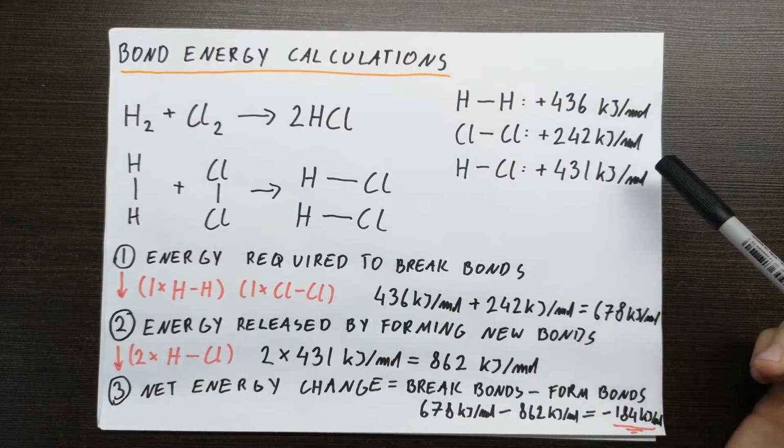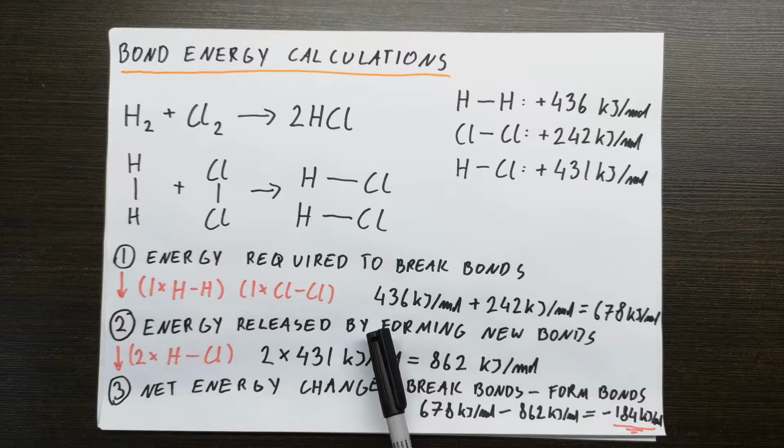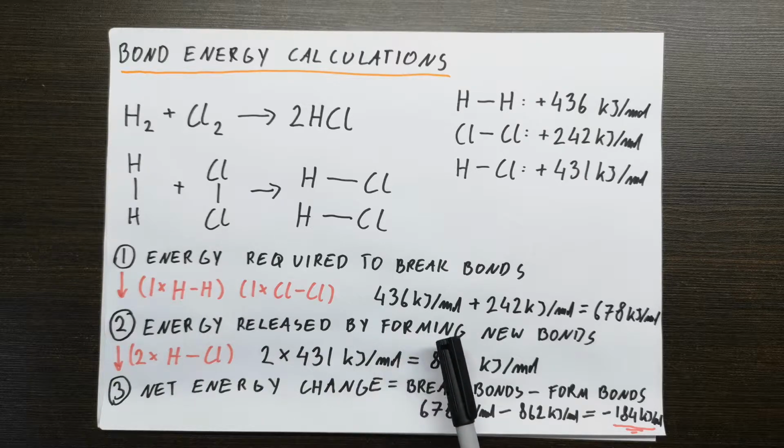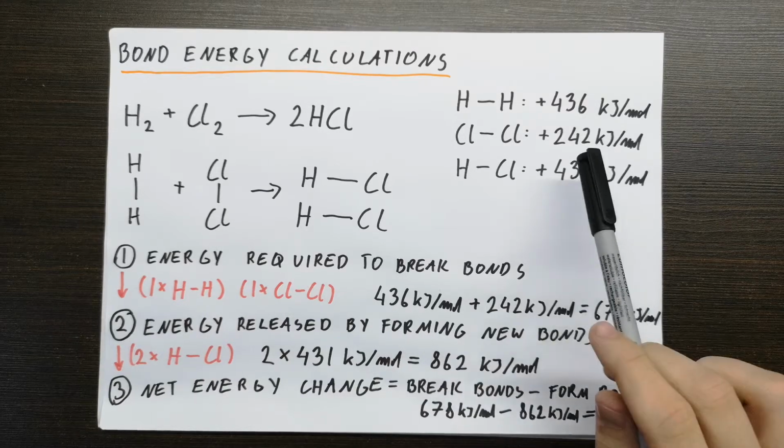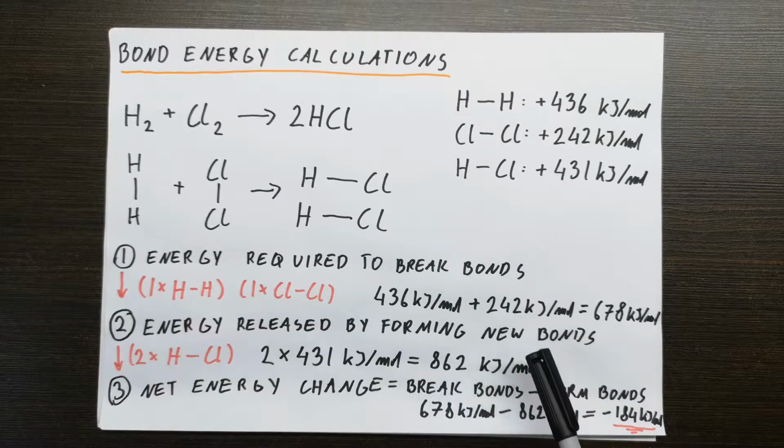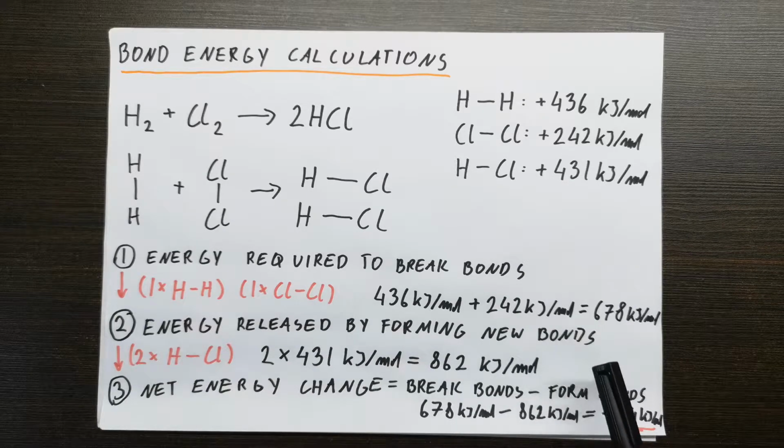And so, using these values, we are adding 436 kilojoules per mole plus 242 kilojoules per mole, which gives you 678 kilojoules per mole. So that's the energy that's actually required to break those bonds. That's the energy that goes in from the surroundings.